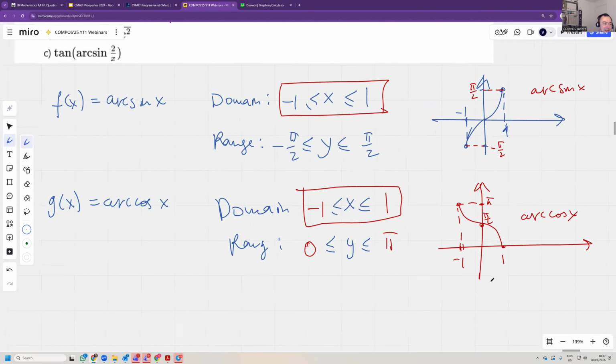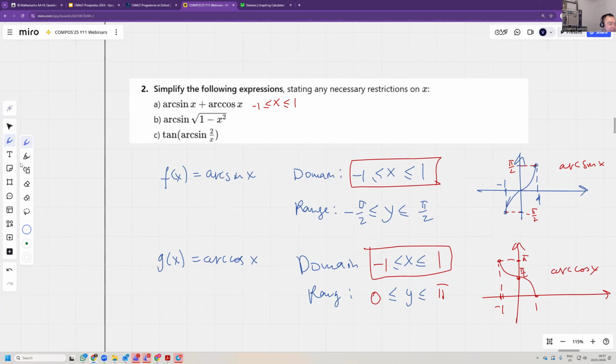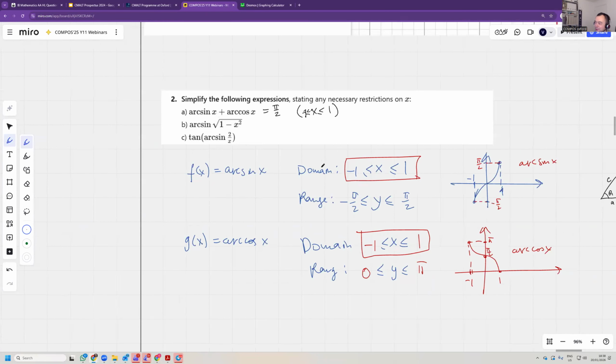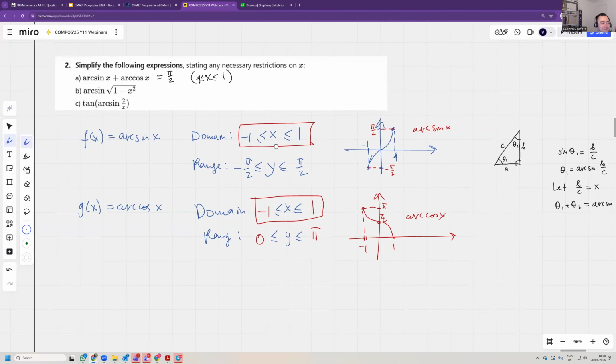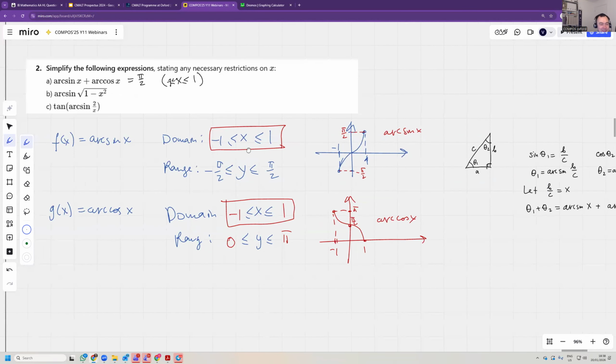And that's the reason why we can simply say that this expression is equal to pi over 2, and x must be between -1 and 1. That's pretty cool. I hope you appreciate it.